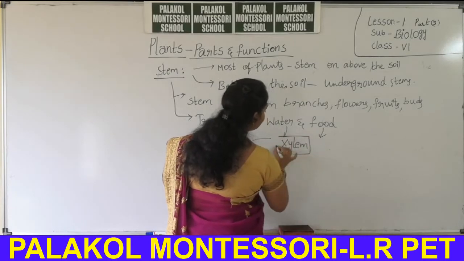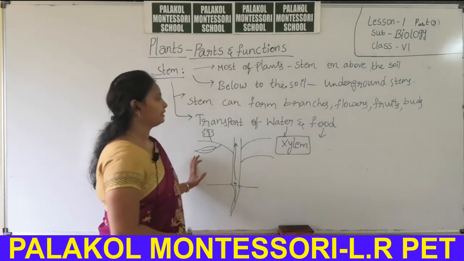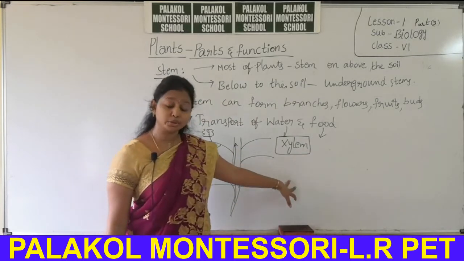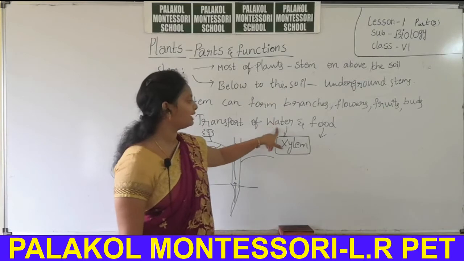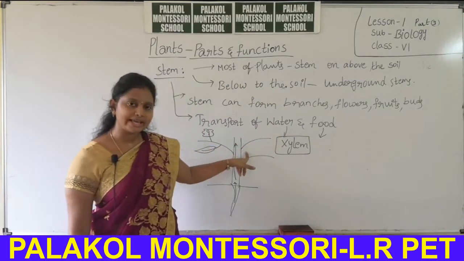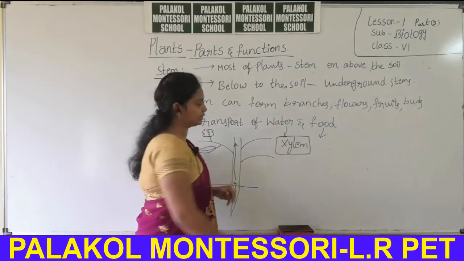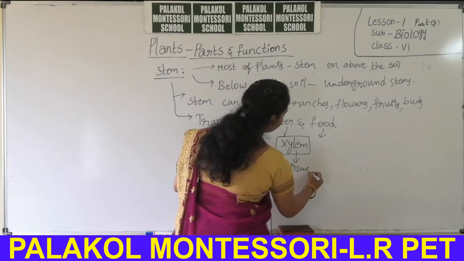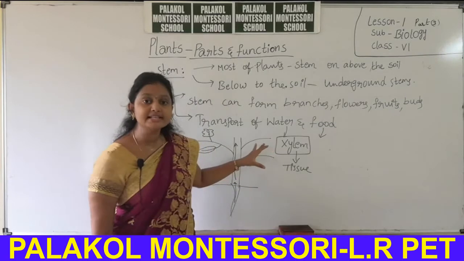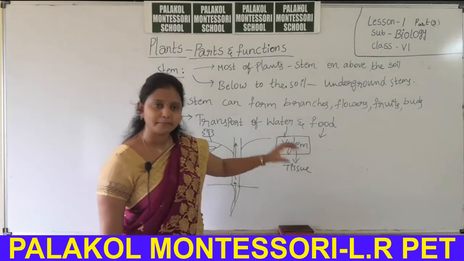It is very important, students. Okay, it is not there in your textbook, but you should remember it. The transport of water in the plant body is carried out by which tissue? This tissue is called xylem.